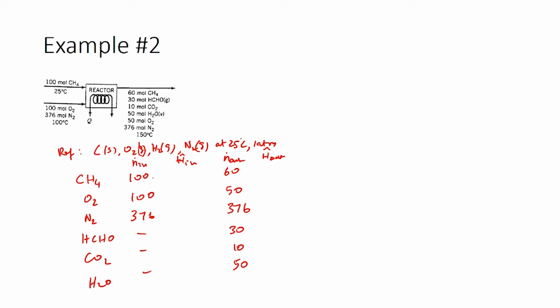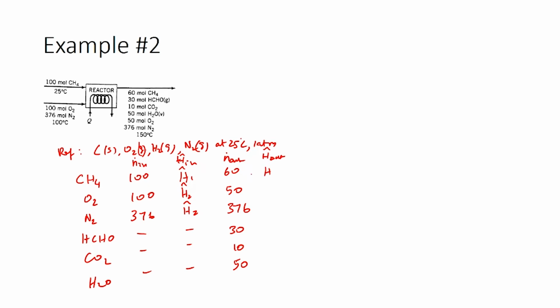So, here the inlet stream for methane is at 25 degrees Celsius. So, this enthalpy would only account for the formation of methane from carbon and hydrogen. This would be H1 cap, and you would have H2 cap and H3 cap for oxygen and nitrogen, because you are heating them from 25 degrees Celsius to 100 degrees Celsius. We do not have to worry about these 3 components.